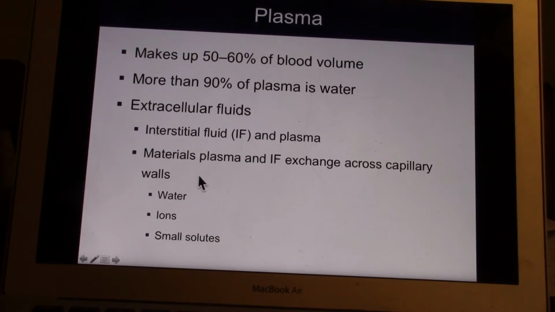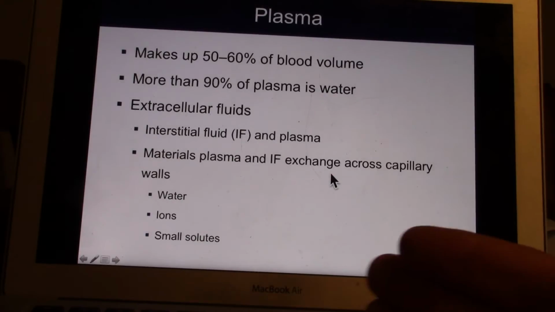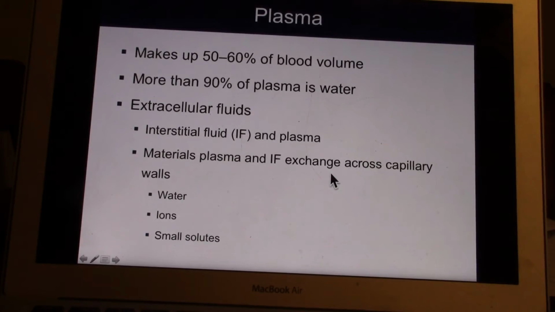So what else does the plasma contain? Well, it contains water, ions, small solutes, and all of these things are freely exchanged between the plasma and the interstitial fluid, because they can go right through the capillary walls.